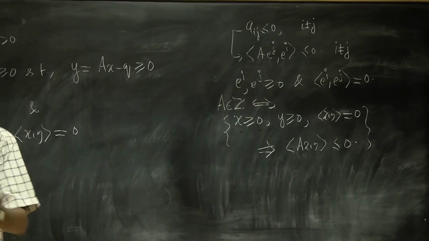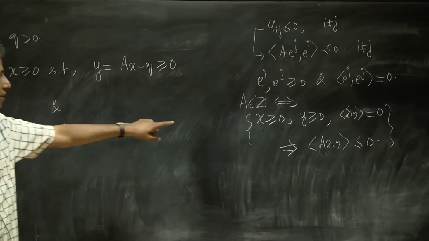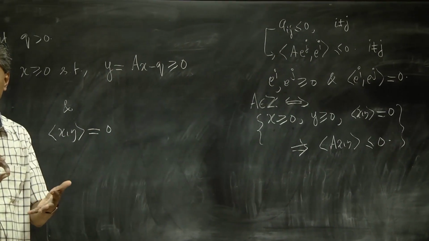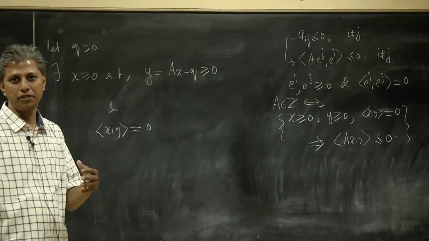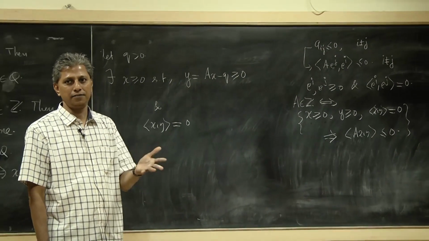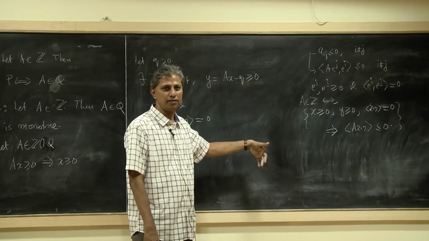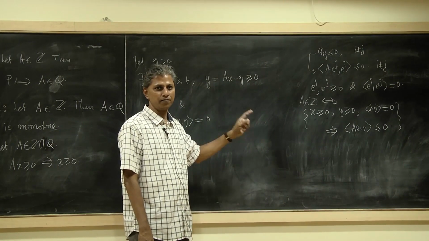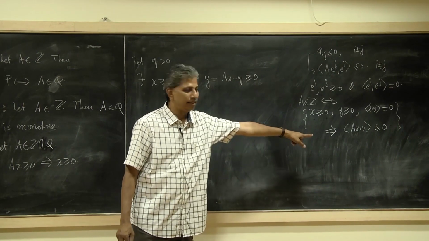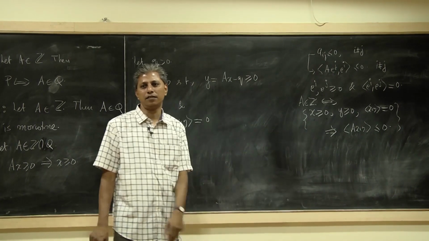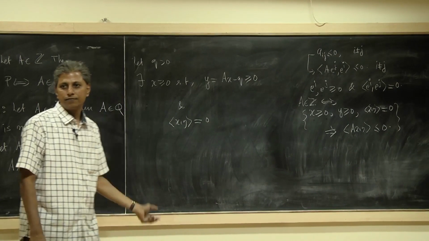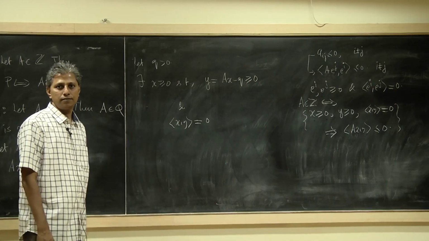I've illustrated this for the standard basis, but this is something that's true. You can write out x and y in terms of the standard basis. x is summation xi Ei, where each xi is non-negative. y is summation yi Ei, each yi non-negative. Dot product 0. Expand this out. This is x transpose A transpose y. Expand this out, you will see that this is less than or equal to 0.